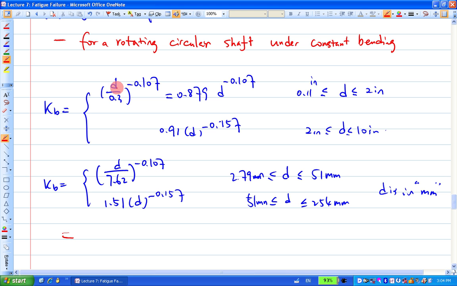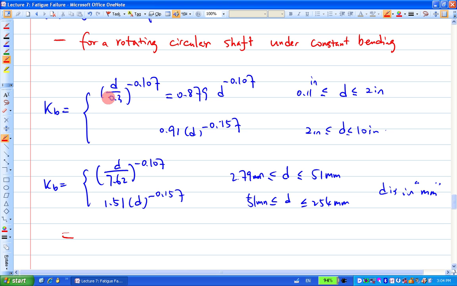Okay, so what if the D is less than 0.3? What do you think the KB is? Is it going to be greater than 1 or less than 1? D is less than 0.3, meaning the actual part is smaller than the lab specimen.